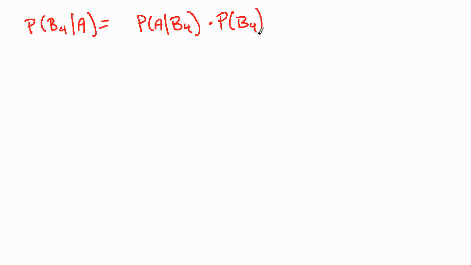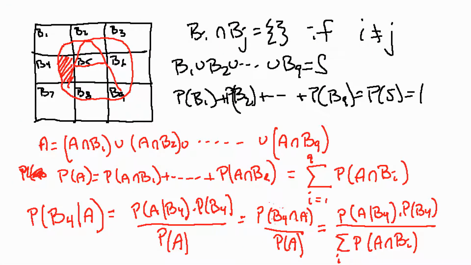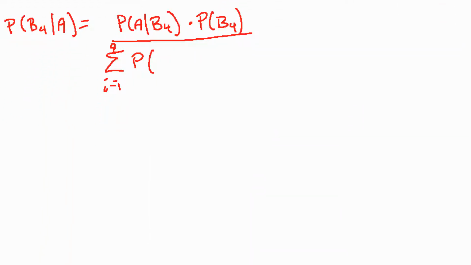Namely, that the probability of B4 given A is equal to, well, let's remember, the probability of A given B4 times the probability of B4. And this was divided by the summation from I goes from 1 to 9 of the probability of, maybe we need to go back to the last slide just to remind ourselves, A intersection BI.